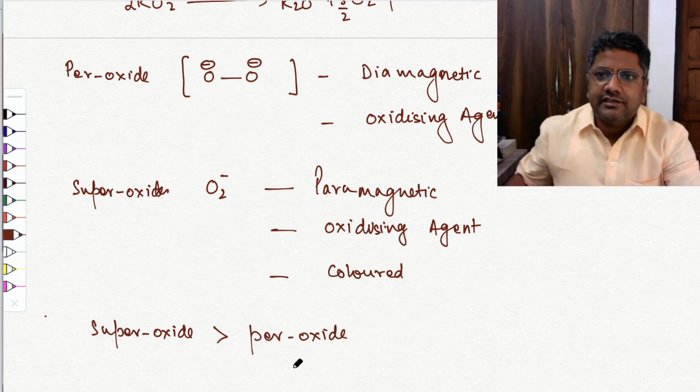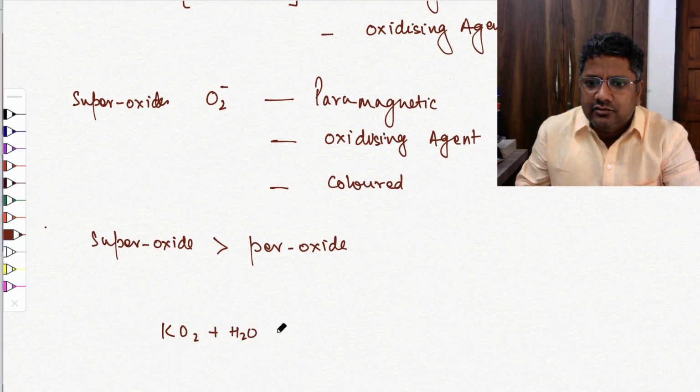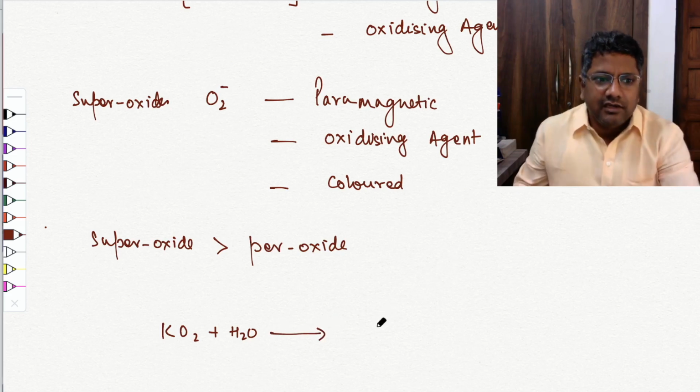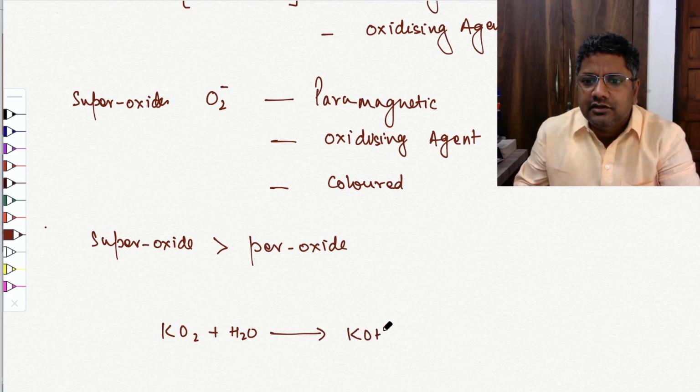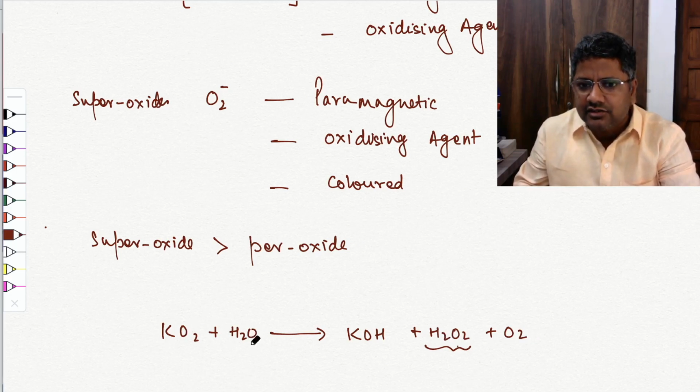Why superoxides? We can demonstrate this when superoxides like KO2 react with water. This produces KOH, H2O2 and O2, meaning hydrogen peroxide and oxygen. So superoxide on reaction with water produces both, meaning this superoxide oxidizes the water into H2O2 and oxygen.